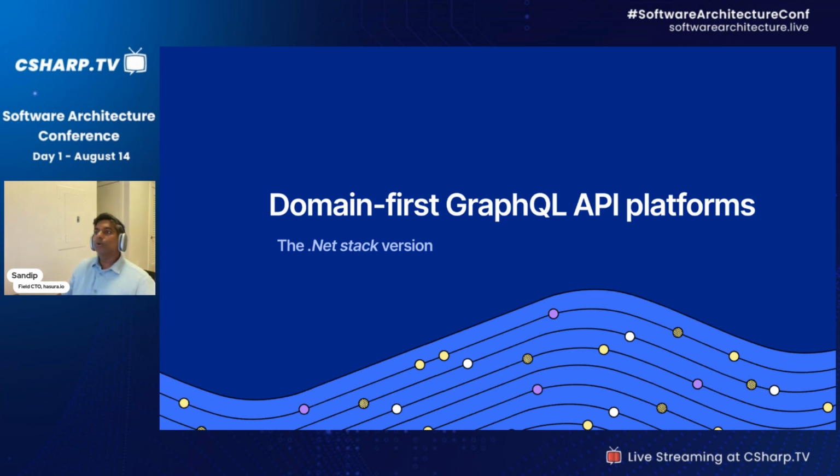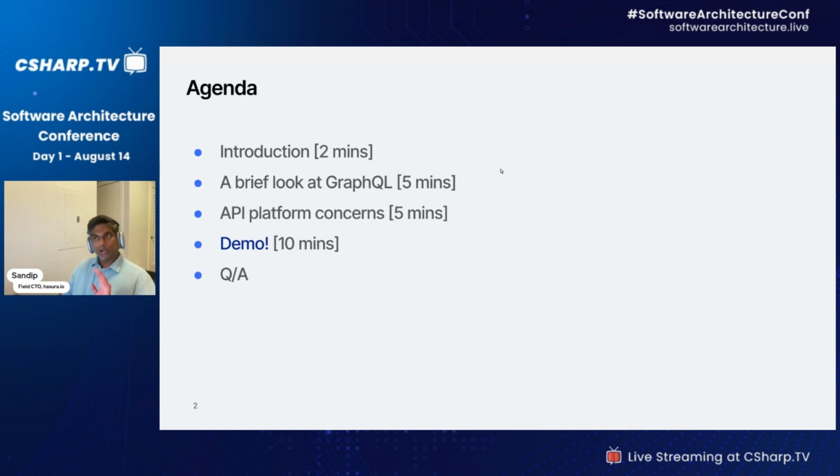So here's what we are going to do. I'm going to take just one more minute to introduce myself. We will take a look at GraphQL for those of you who are new to GraphQL, who have heard of GraphQL but have never quite sunk your teeth into it. We'll take a brief look at GraphQL, hopefully just 5 minutes. And we will also take a look at some concerns that API platform architects or developers need to grapple with as you build out your API platform or data access layer inside an organization.